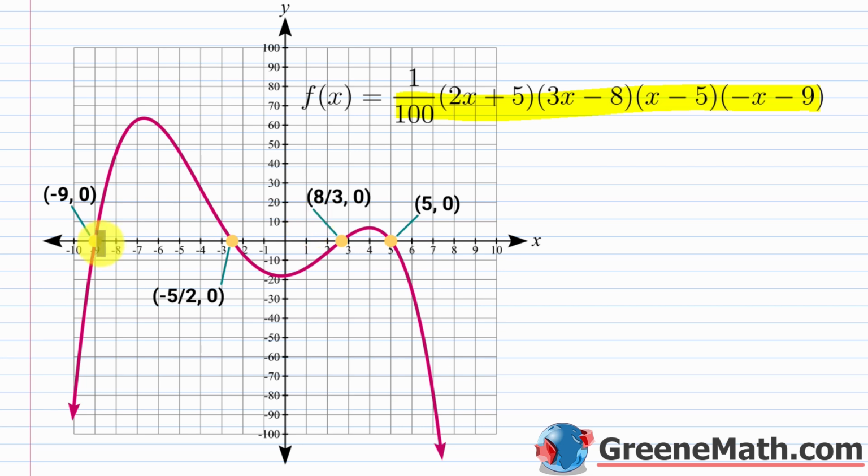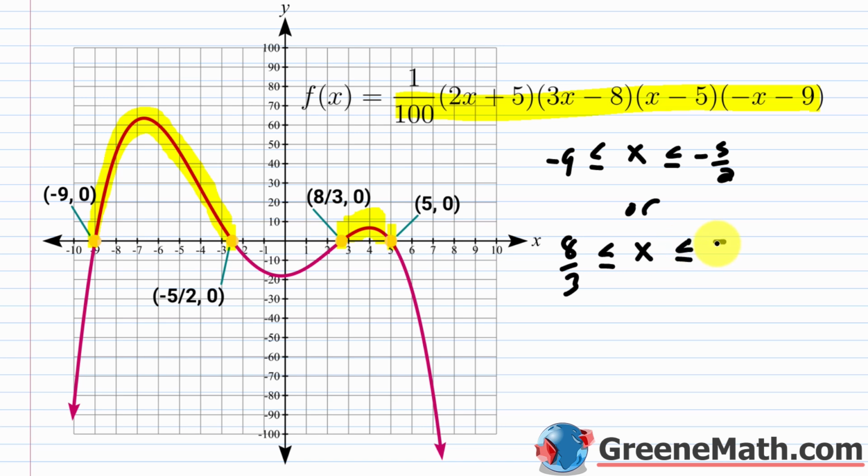Now we're looking for where this is 0 or greater than 0, meaning we're on the x-axis, so right there and right there, at negative 9 and at negative 5 halves, and then above the x-axis where we're positive, so right there. And then this part right here, again, we're on the x-axis at 8 thirds and also 5, and then we're above that right there. So just looking at this graph, you get the same solution. You would say x is greater than or equal to negative 9 and less than or equal to negative 5 halves, or x is greater than or equal to 8 thirds and less than or equal to 5.